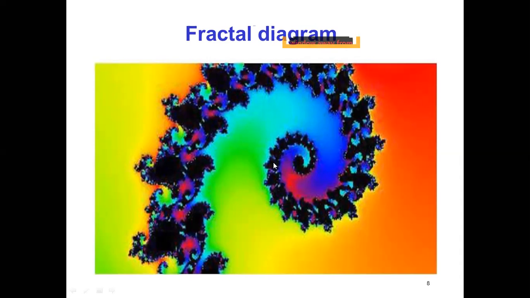As a result of overlapping, we get such a picture, or such an image. Such an image is called a fractal, and this is the best example of a fractal. We can use it in astronomy for developing galaxies and the rings of Saturn, and also in biology and chemistry. So there is a big involvement of fractals.